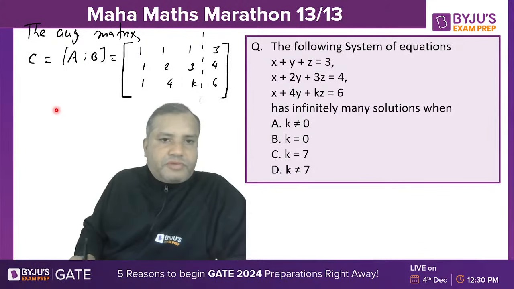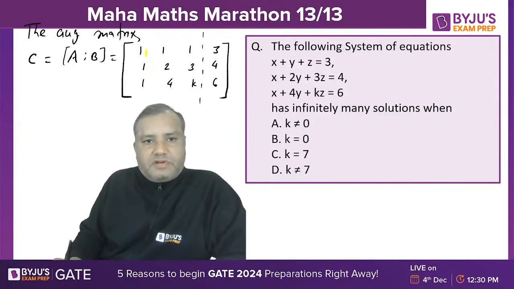Now what we are performing here? We are marking this diagonal. Now we want to make these two positions 0.